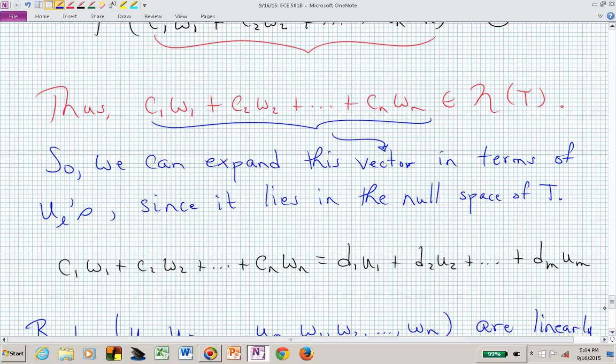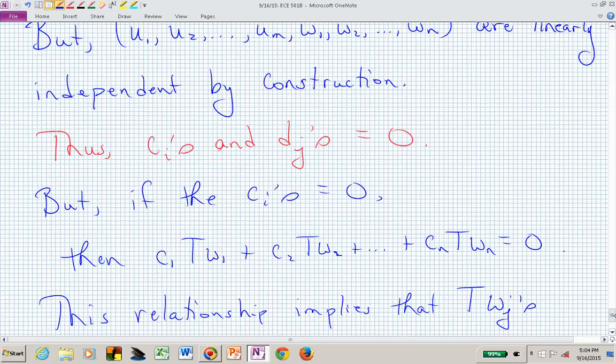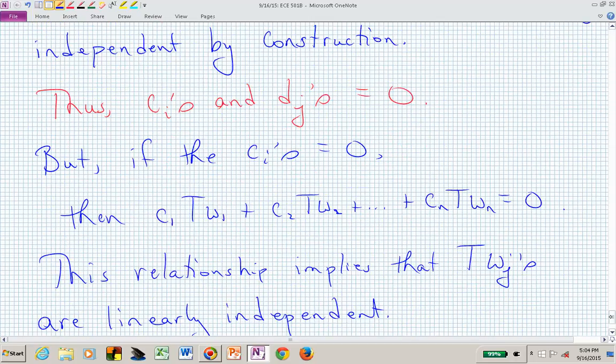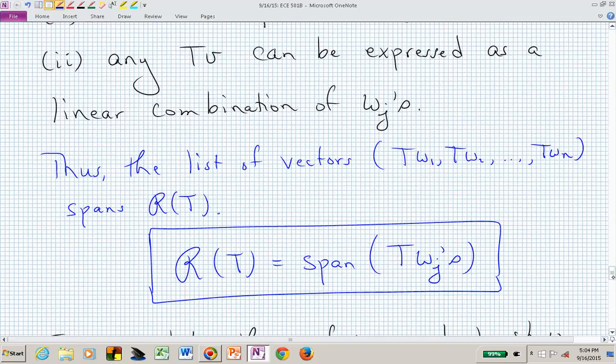Well, what we did is, the argument is kind of, when did we find these C's to be 0? We found these C's to be 0 based on this equation, and now we can go back and say that's independent really of what TW1 and TW2 were. TW1, TW2, and TWn were spanning vectors in this list.